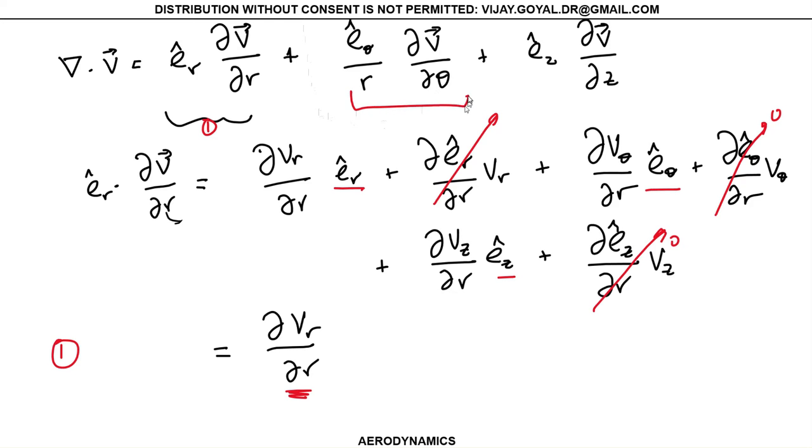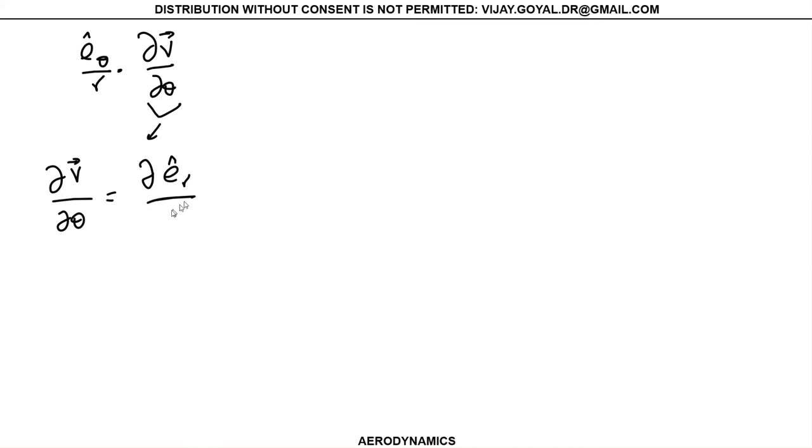Now let's move on to term number 2. Let's expand on that term. That term will be as follows: e_theta over r dot partial of v with respect to theta. Let's evaluate this term first. Partial of v with respect to theta of each one of those terms. And by the way, what I really am doing is, remember, this whole thing is equal to v_r e_r plus v_theta e_theta plus v_z e_z. So we are taking the partial of all this with respect to theta.